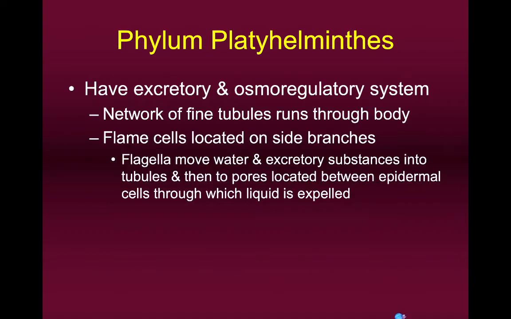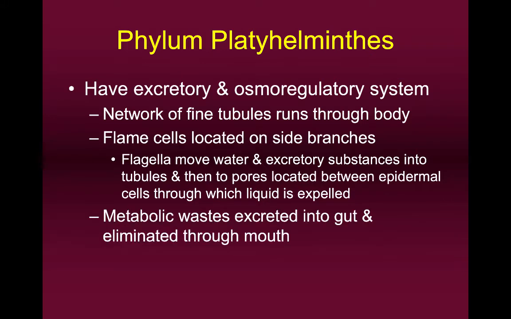And so what those are going to do is to move water and whatever sort of nitrogenous waste might be produced into the tubules and then eventually into the intestine as well, from which they can be expelled, right? So the intestine opens up back into the environment, and whatever waste has been dumped into the intestine can be moved out of the body from that structure as well.